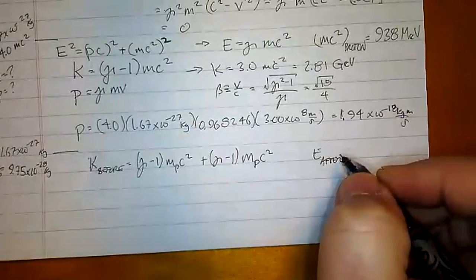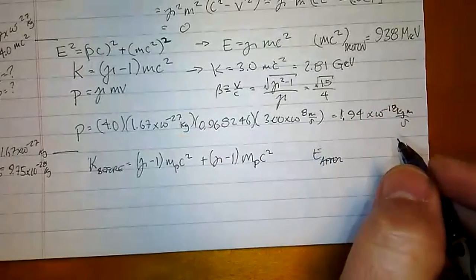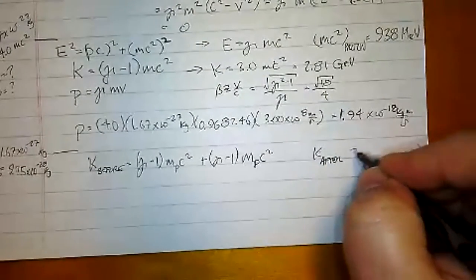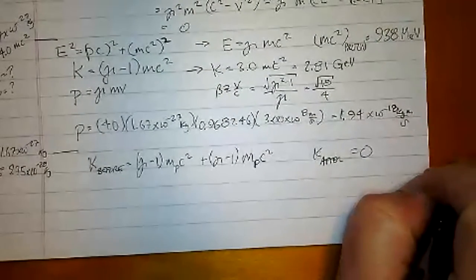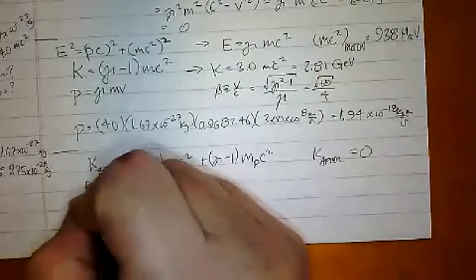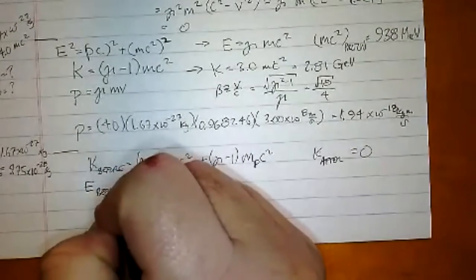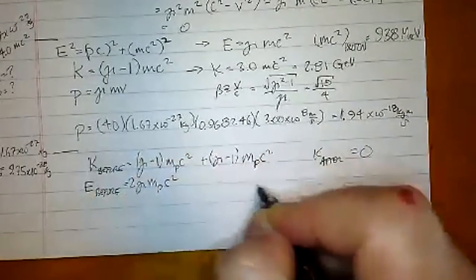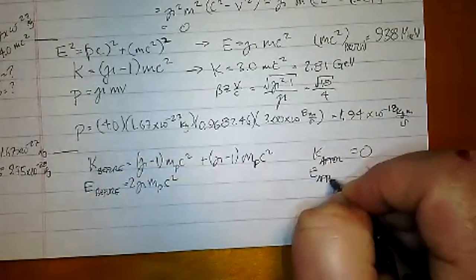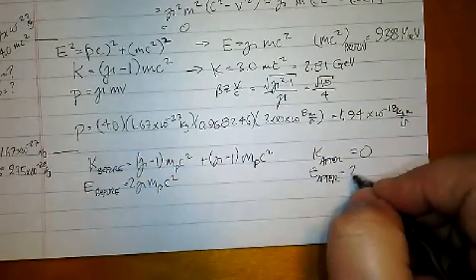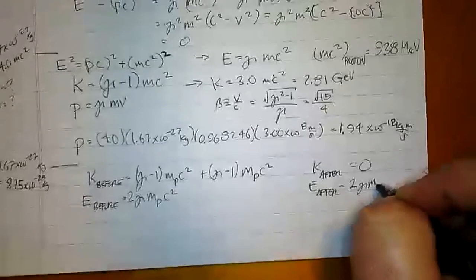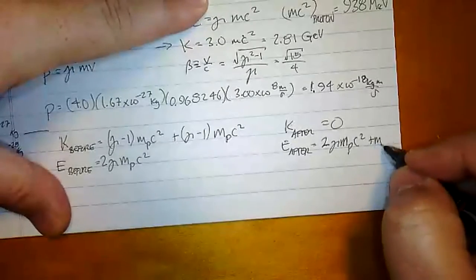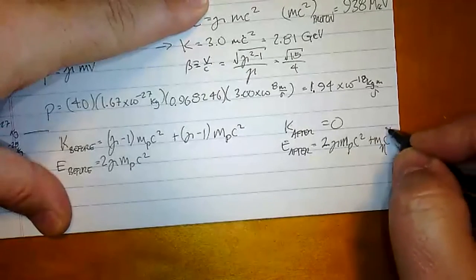And we're assuming basically a completely inelastic collision. So the kinetic energy after is equal to 0, but the total energy before is gamma times 2 m_p c squared, and the total energy after is equal to 2 gamma m_p c squared plus m_eta c squared.